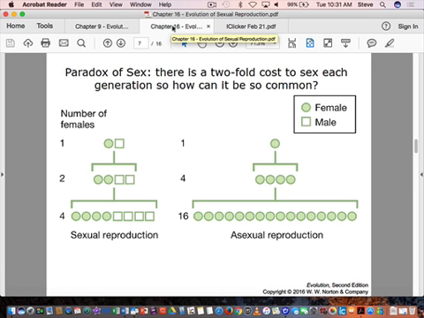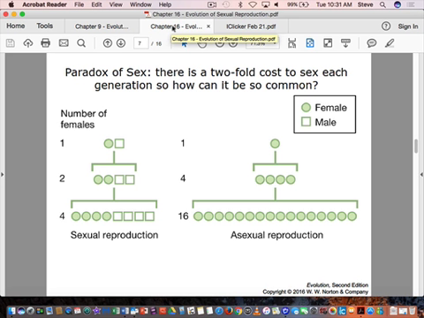Basically, the asexual reproducers outcompete the sexual individuals. The terminology is that asexuals have a twofold reproductive advantage each generation because they're not producing any males. They're producing all offspring that can give rise directly to 4 offspring that are capable of reproducing.